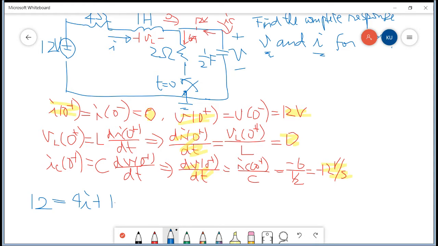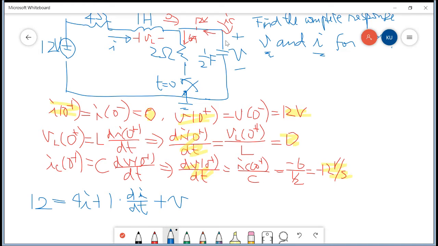L is 1, so 1 dI/dt. And for this one, it will be V. Plus V. This is the voltage drop for here and there.